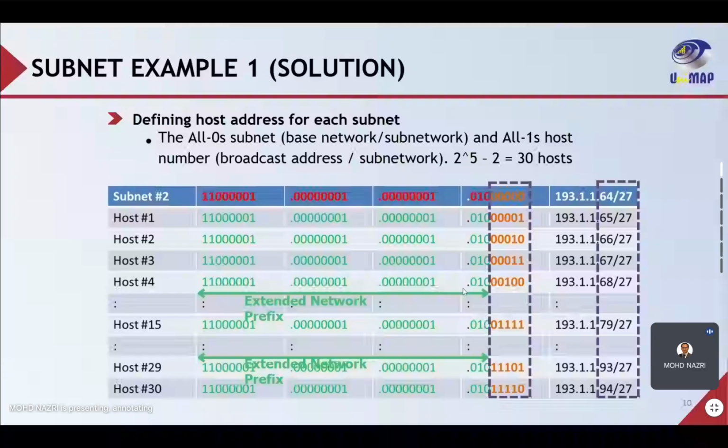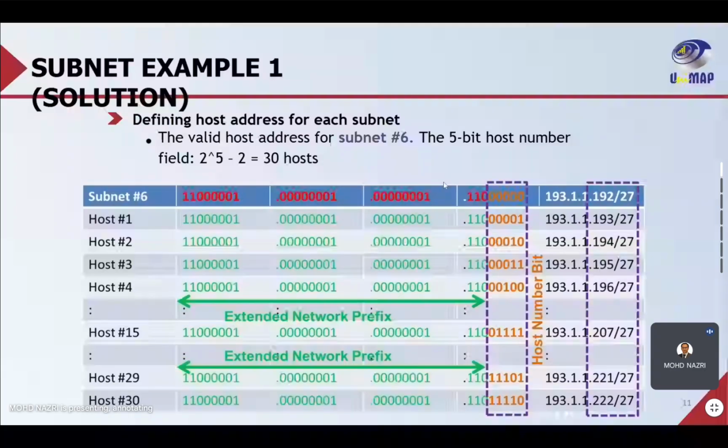Okay, you repeat the same process from this dotted line, the binary, you convert to decimal, you dapat je lah 193, 194, 195, 196 and so on. So must be 30 host lah. Okay, 30 host.